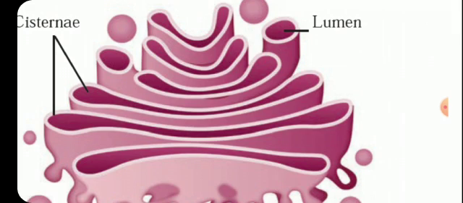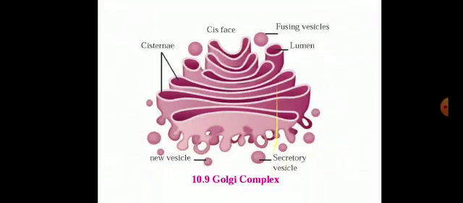If they are stacked over one another, the Golgi complex will have a structure like this, and these flat sacs are called cisternae, and they are filled with various types of enzymes.